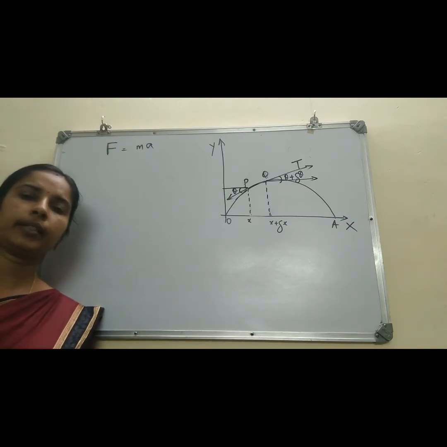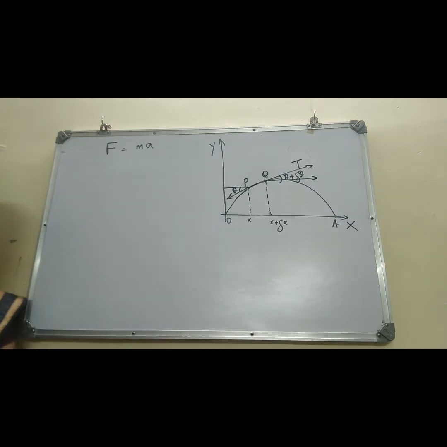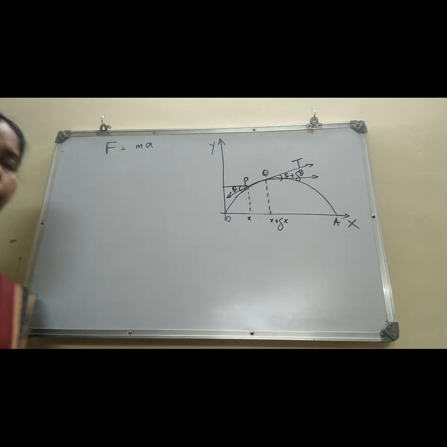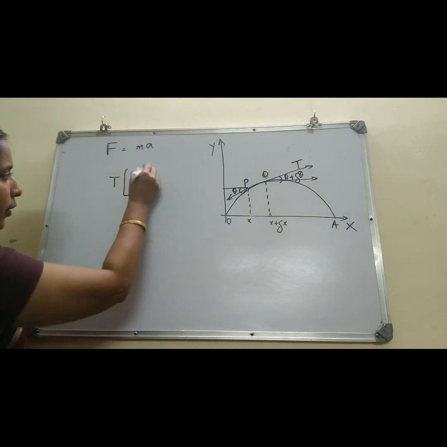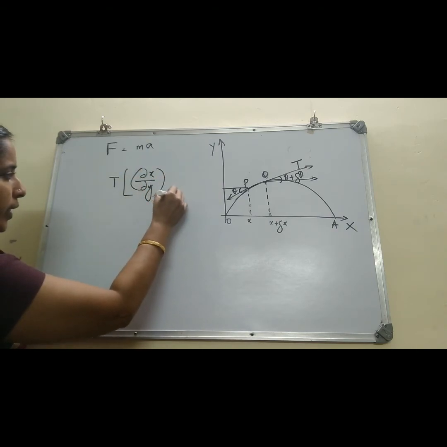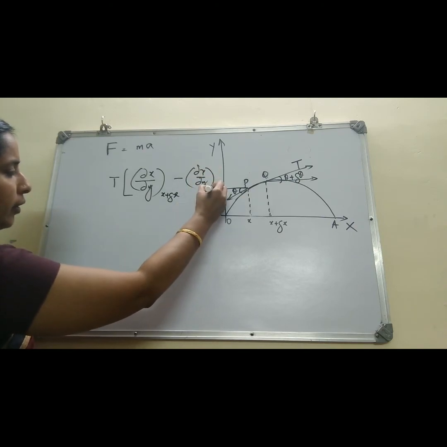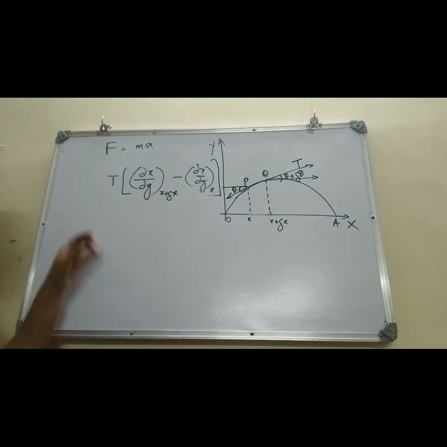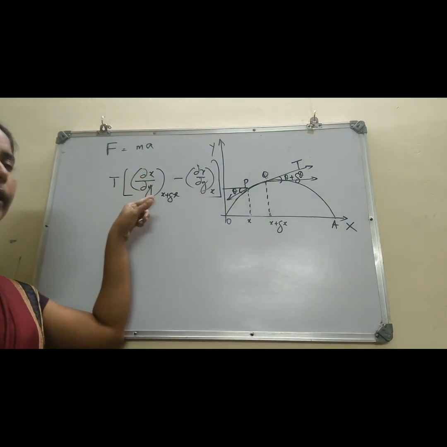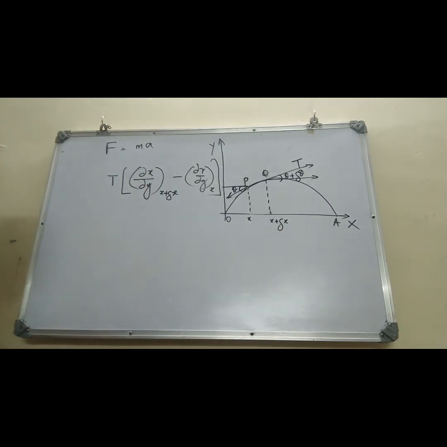Again, by Newton's second law of motion, we have F equal to ma. The total force acting along PQ is T times [∂y/∂x at x plus delta x minus ∂y/∂x at x].